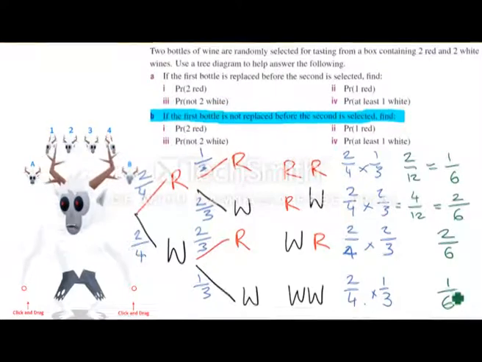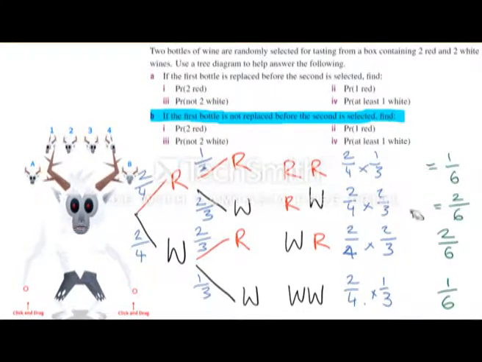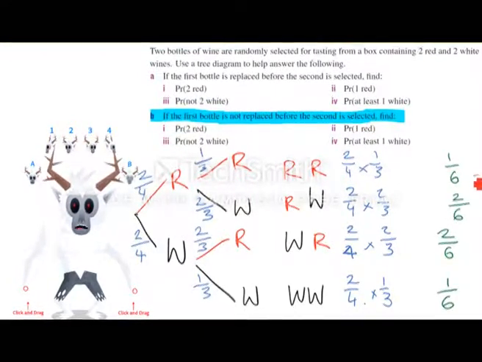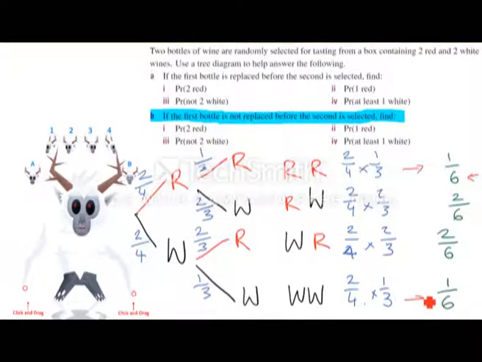Now what we can see after working that out is that there are 6 outcomes possible, because that's the denominator. For 2 reds, there's a 1 in 6 chance of happening. For 2 whites, there's a 1 in 6 chance of happening.